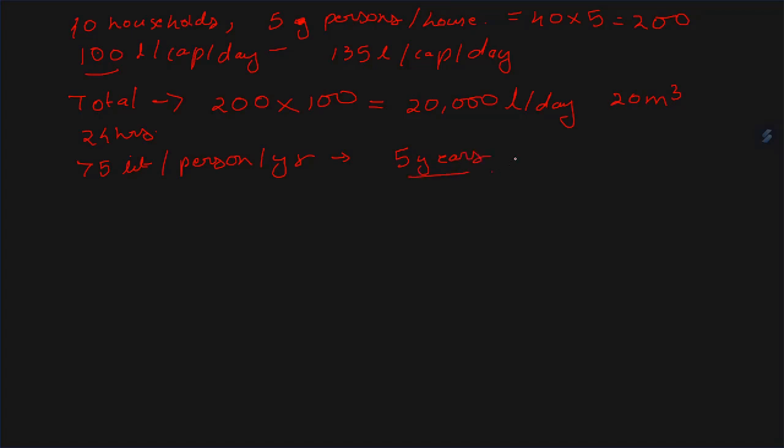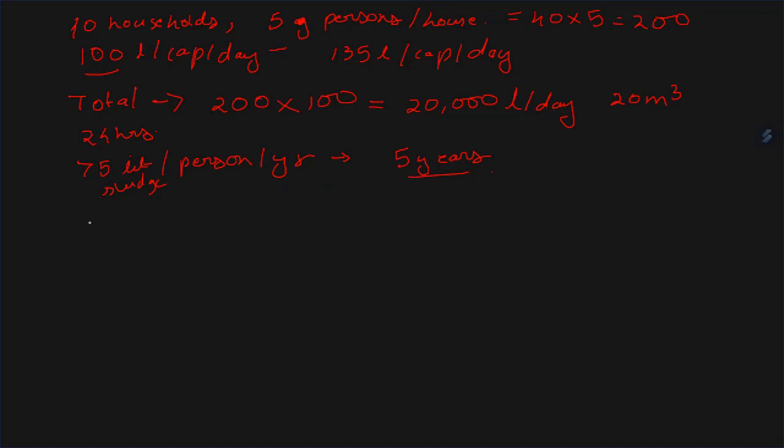So there will be buildup of sludge inside that tank, so it needs to be cleaned. And for 5 years we need to design, because we need to clean it once in 5 years. That's why our tank should be able to hold that much capacity.